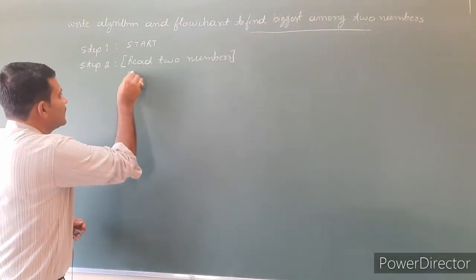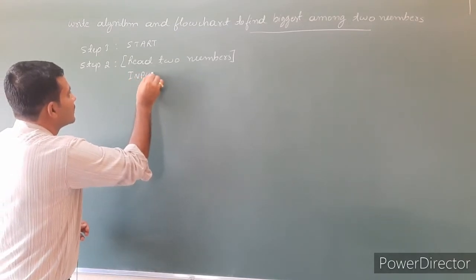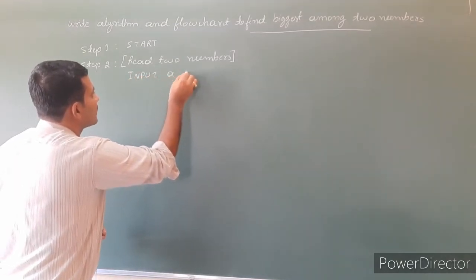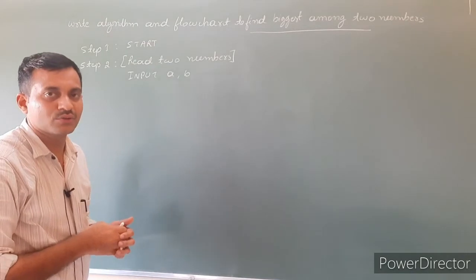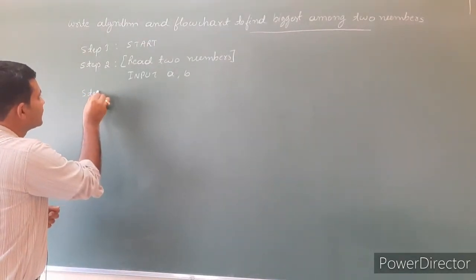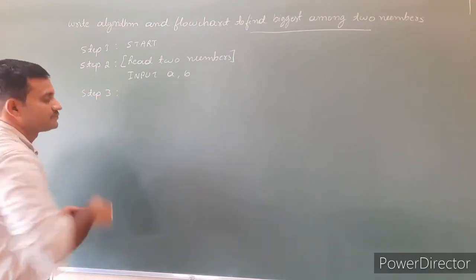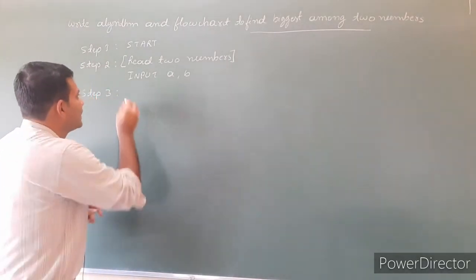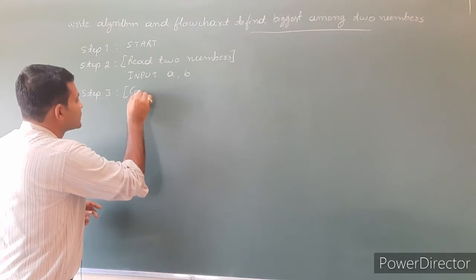So here, input A comma B. Here read two numbers, input A, B. In step 3, compare two numbers.